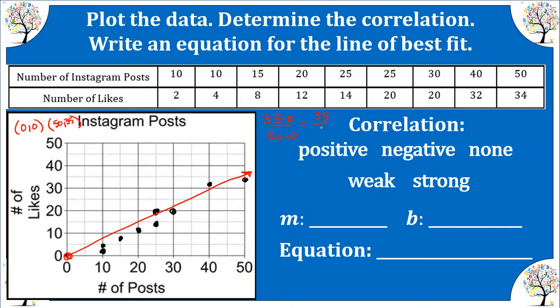So 35 divided by 50, and that's going to give us roughly about 0.7. This is a positive correlation, and it looks pretty strong. Our b value is 0, 0. And our equation, our line of best fit, is 0.7 times x.